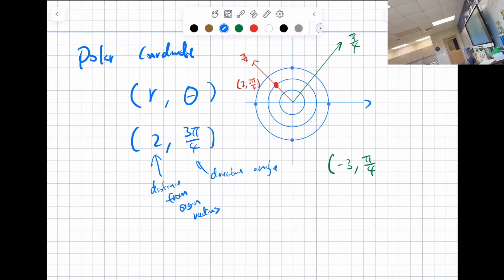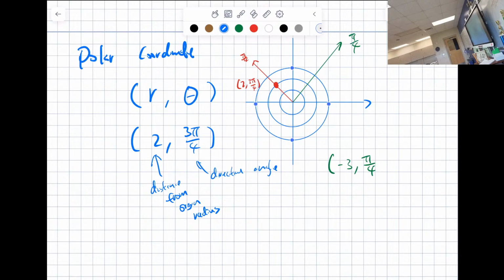Okay. So here's my challenge to you. I want you to name me 3 different coordinates that represent the exact same coordinate.